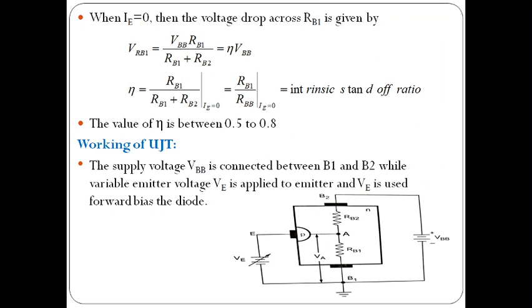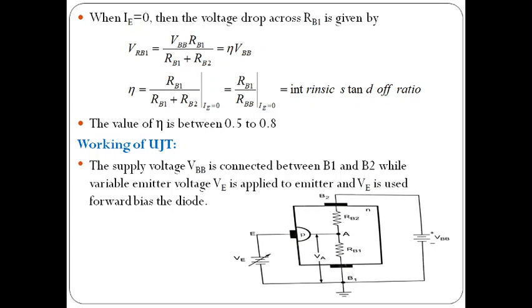When the diode is not conducting, that means IA equals 0, the drop across RB1 can be written as VRB1 equals VBB into RB1 by RB1 plus RB2. The ratio RB1 by RB1 plus RB2 is represented with eta, the intrinsic standoff ratio. This intrinsic standoff ratio generally lies between 0.5 and 0.8.